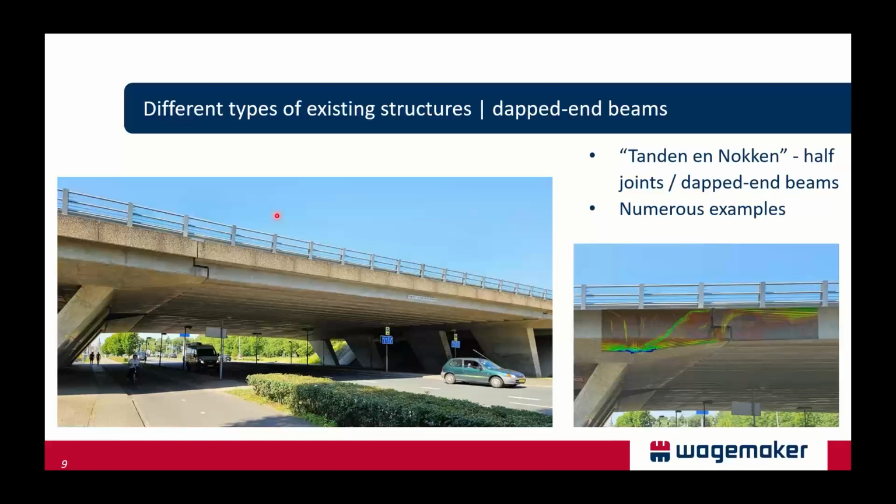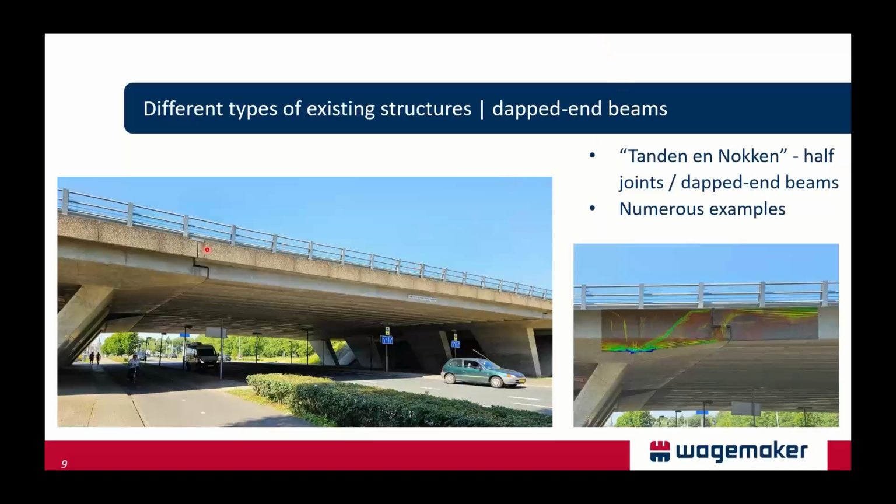Well, thank you, Lex, for this contribution and this nice overview of causes to reassess existing civil structures. So one type of these structures we use the Diana software for is to analyze the structural behavior of half joints or Dapped-end beams or notched beams, just how you like to call them. The picture shows a typical example of what in the Netherlands we call a so-called springwerk structure.